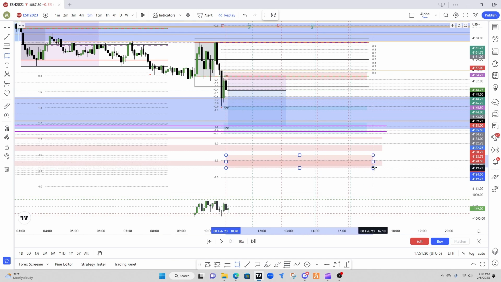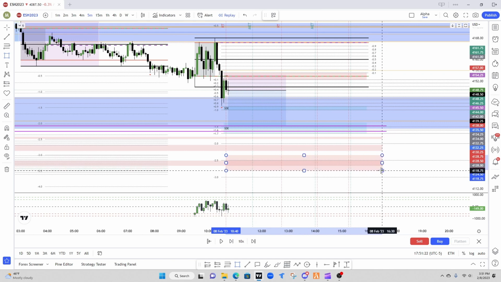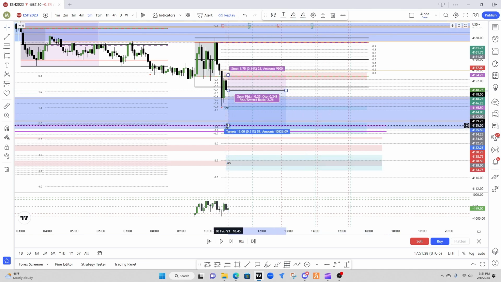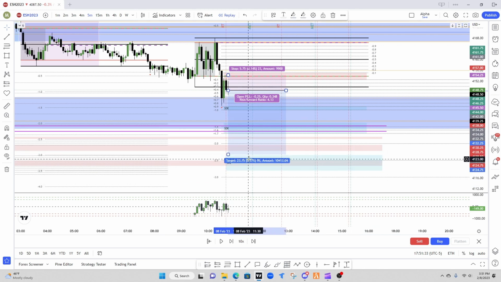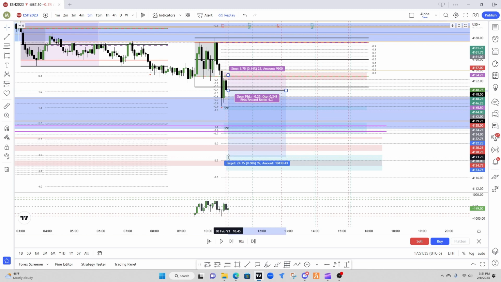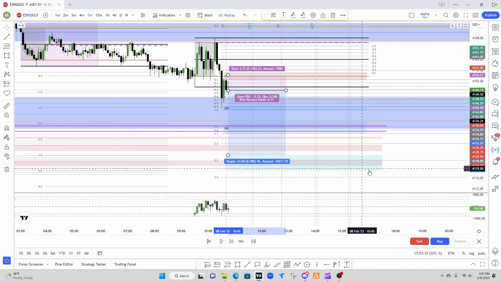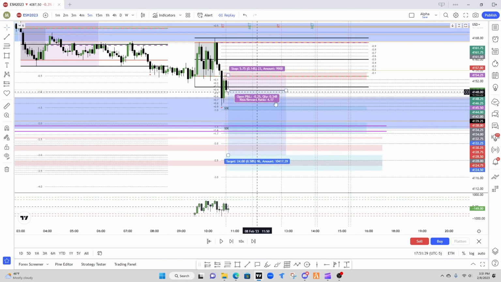So our initial target should be roughly around here, which is the trade that I took during the session.